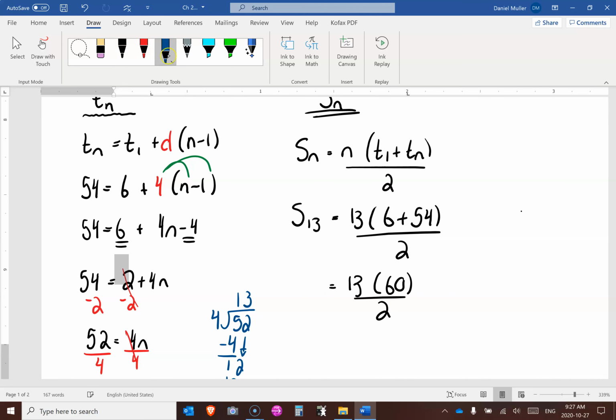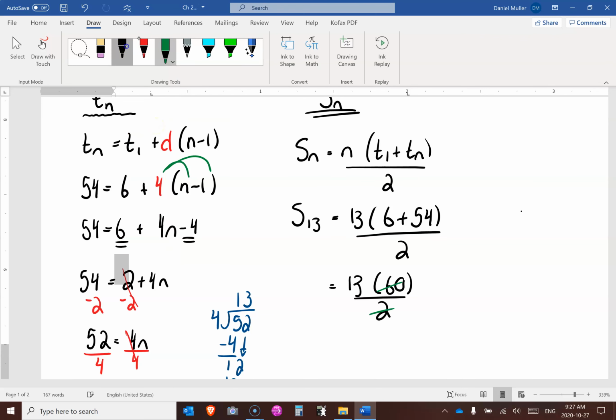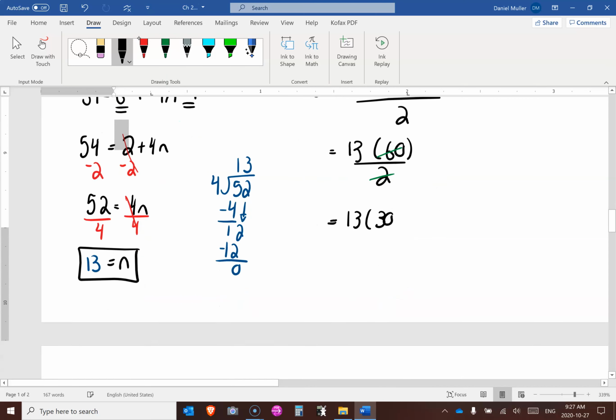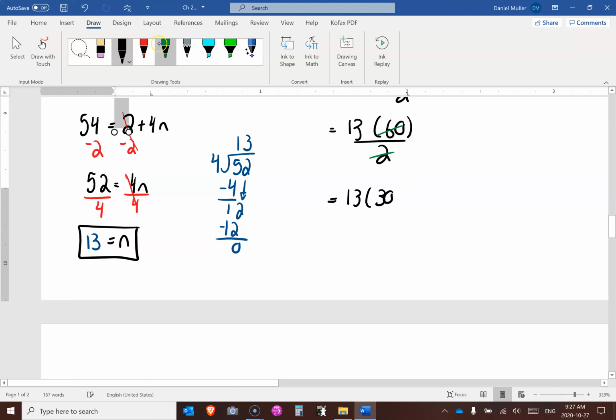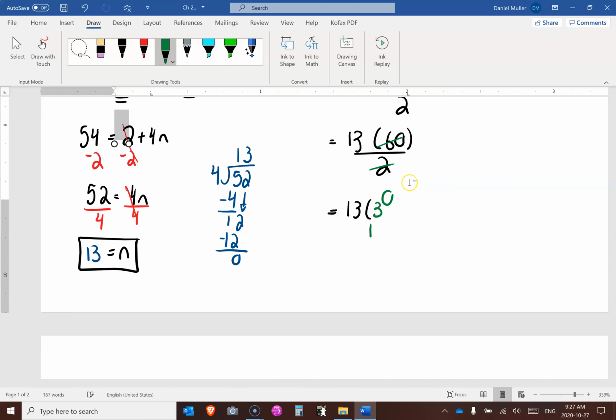Now here I actually can do the 60 divided by 2. That reduces to 30 over 1. And then what I need to do is 13 times 30.